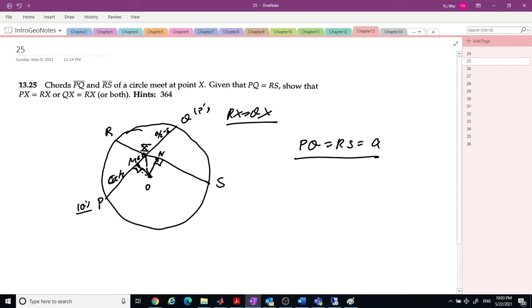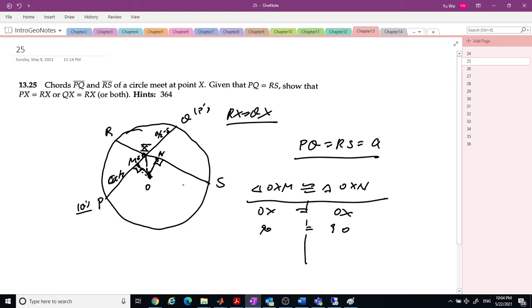And from this one, let's prove triangle OXM is congruent to triangle OXN, okay? So now let's list it. We have OX equals OX, okay? And we have 90 degrees equals 90 degrees. And the other one: since the chords are the same length, the height is also the same length.